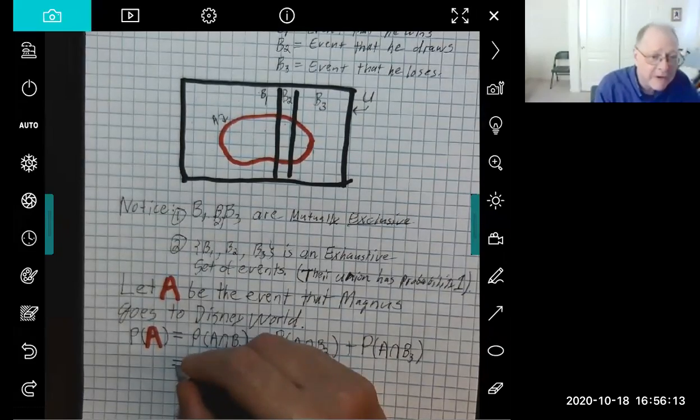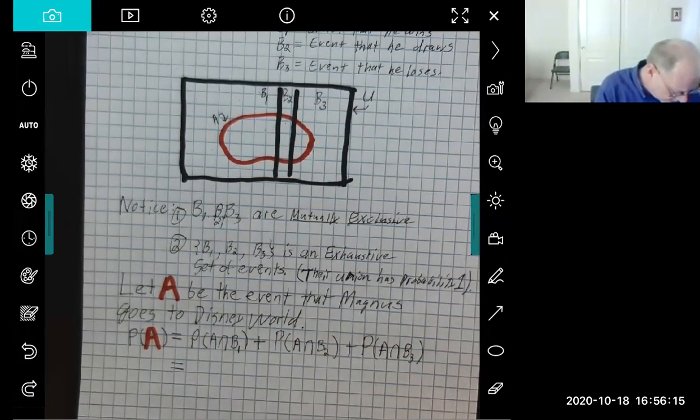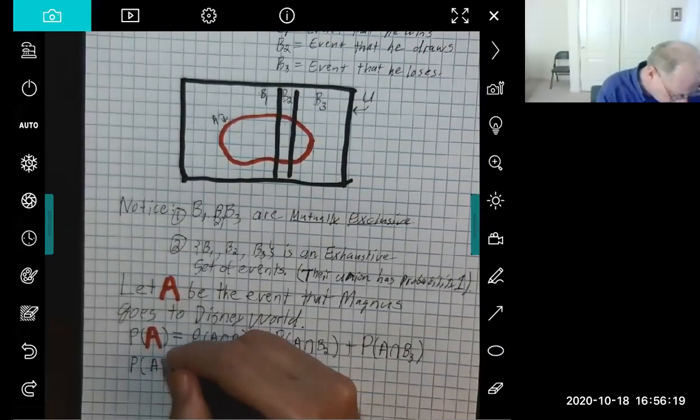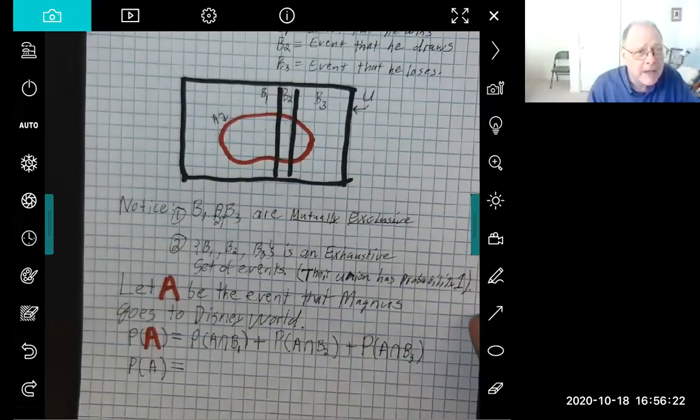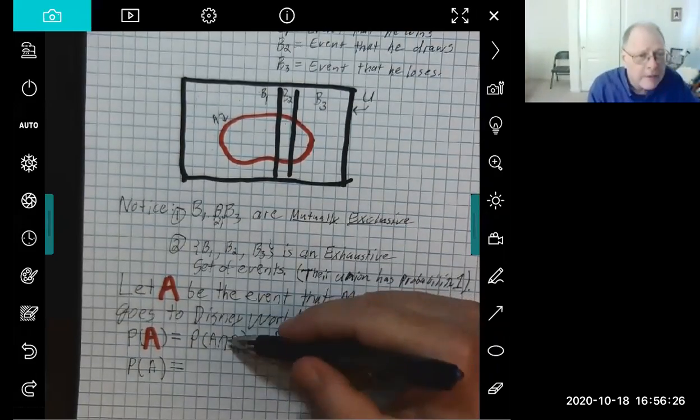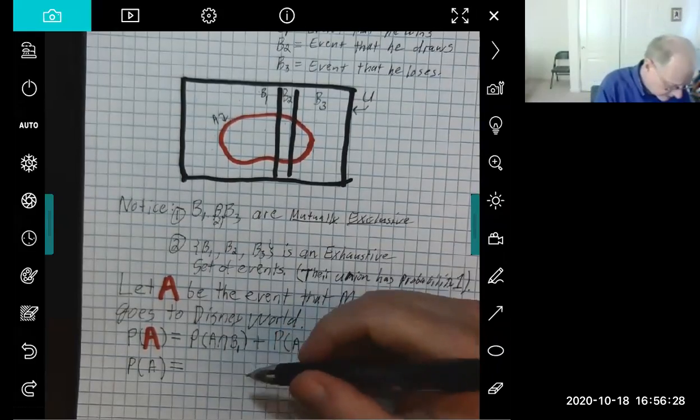Well, that's the law of total probability, although you can rewrite it because in the last lecture we learned the general law of intersections.